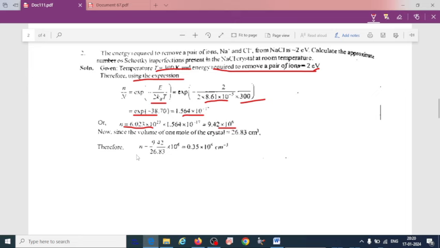Then the volume of 1 mole of the crystal is 26.83 centimeter cube. If we take the ratio of this n by volume, we will have the Schottky imperfection, which is 0.35 into 10 to the power 6 per centimeter cube.